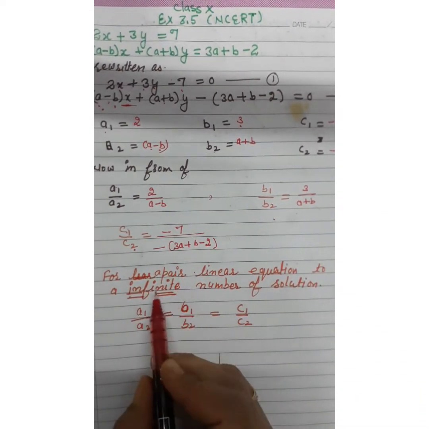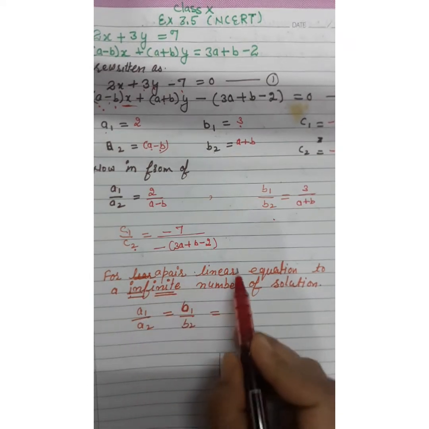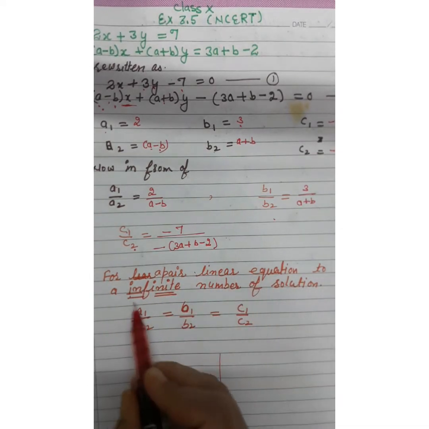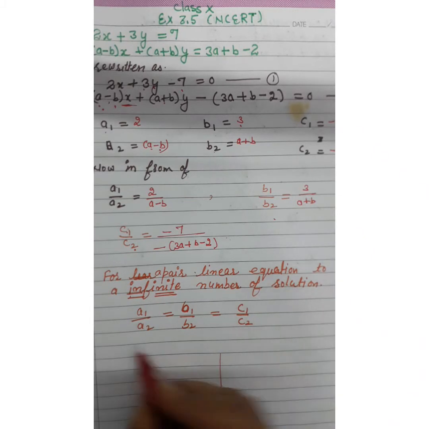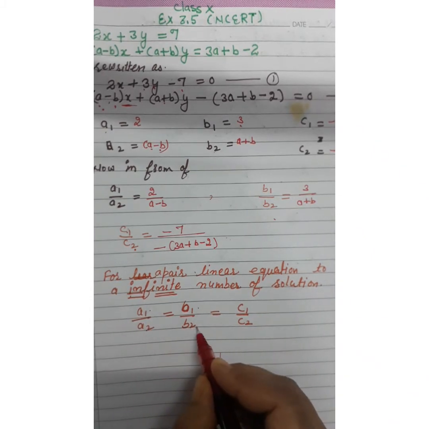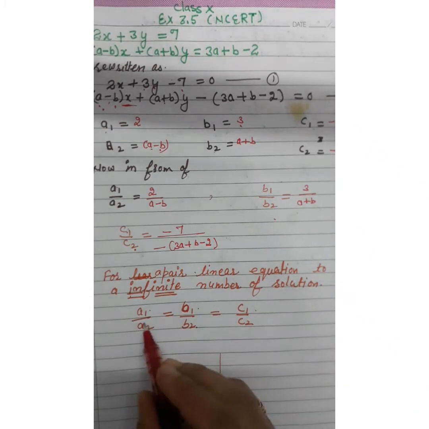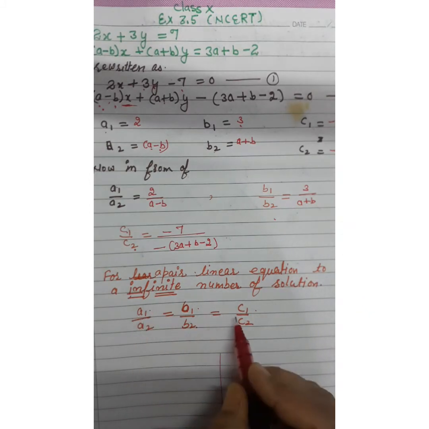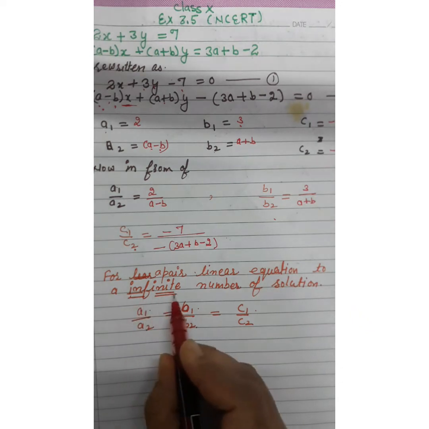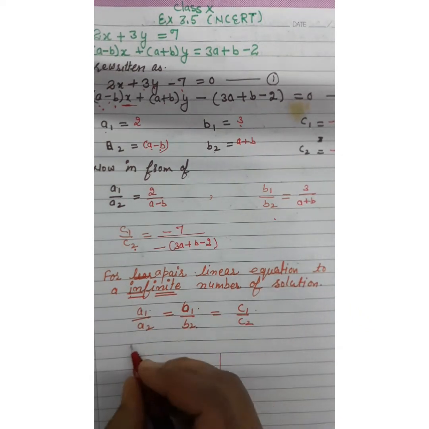So I am writing the condition for infinitely many solutions. For a pair of linear equations to have infinitely many solutions, a1 upon a2, b1 upon b2, c1 upon c2, if all these terms are equal, then we can say there are infinitely many solutions.